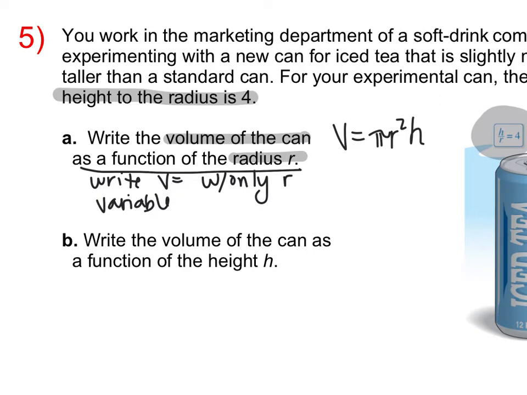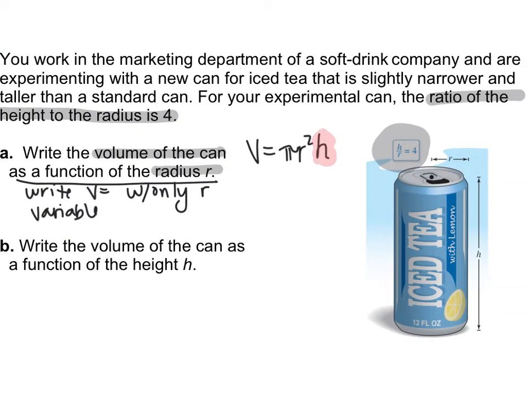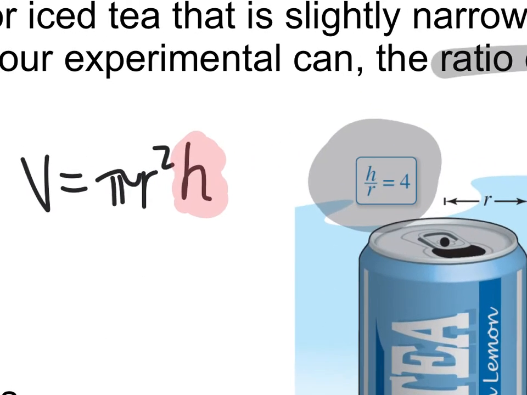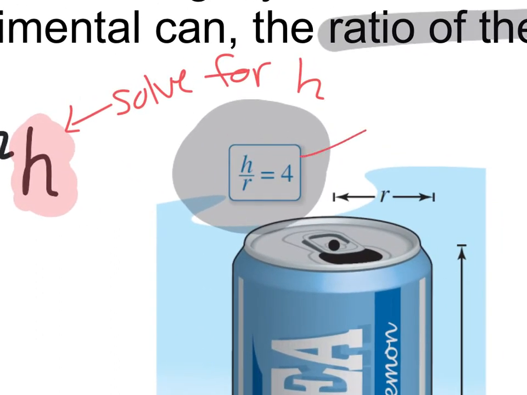So that means we need to get rid of the h. We need to solve for h here, so there's going to be an r in it instead. If we take this and solve for h, we can get the r out of the denominator by multiplying.